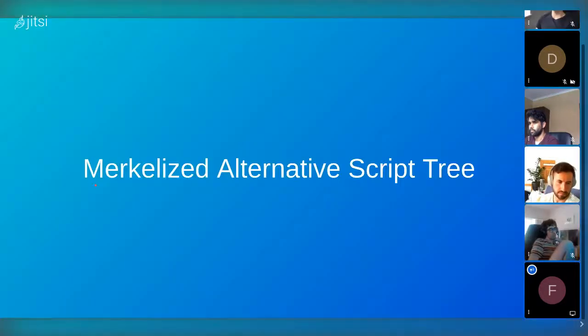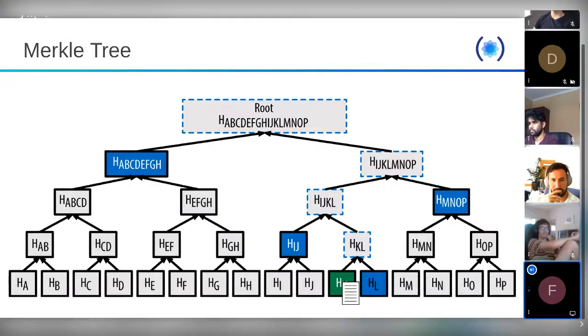Now, MAST, or Merkleized Alternative Script Tree. So what is MAST? It's exactly the same thing as a Merkle tree, it's just that my data is a script. So my data is a script, and I hash my scripts, and then I can build my Merkle tree. That's my MAST.